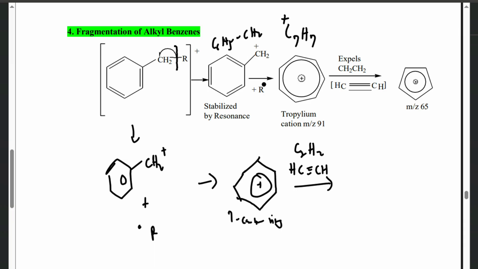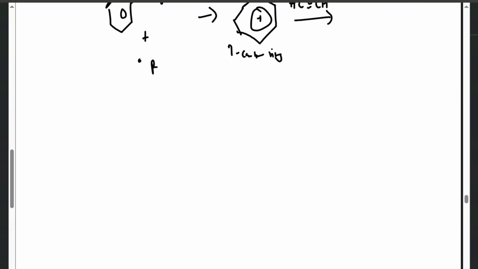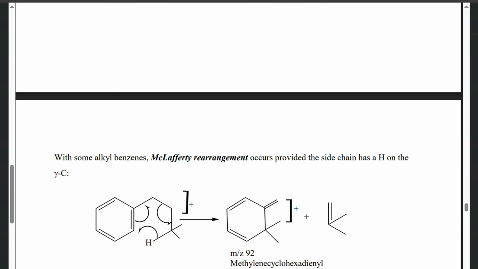So when you are now removing C2H2, it's going to give you minus C2H2, and that will give you C5H5 plus, and that's what we have here. So take note of this. This is very important. Just go and know the pattern, please. Know the pattern.